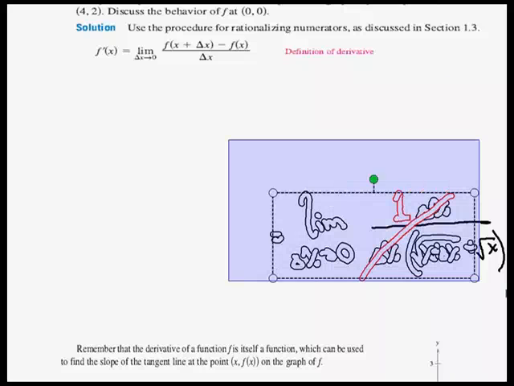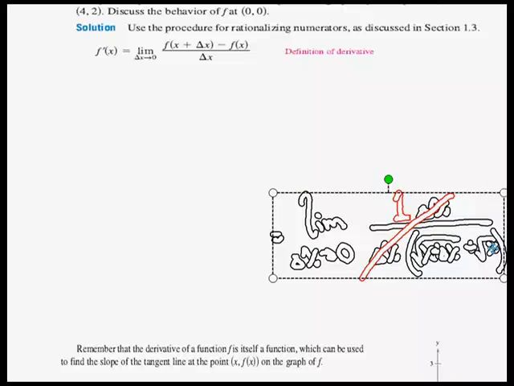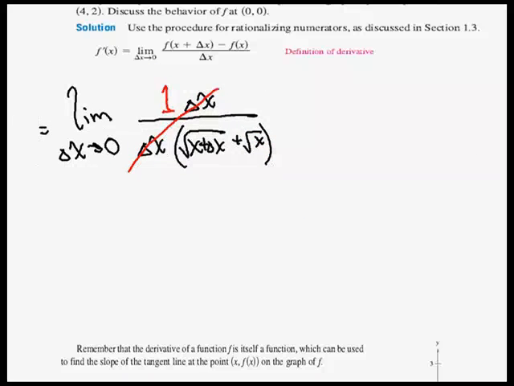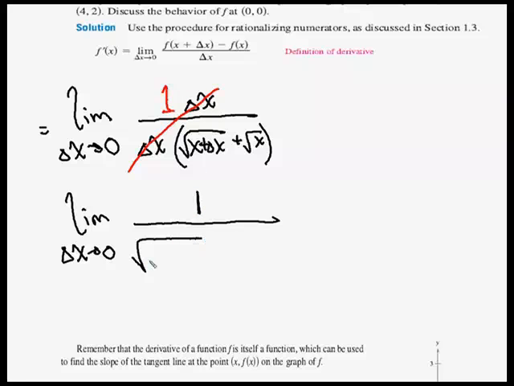So remember that conjugate in those parentheses, that's in the denominator, and it stays as a denominator. So we're going to have the limit as delta x approaches 0. Just because this delta x canceled doesn't mean there's nothing left in its place. There is a 1 up there. 1 over the square root of x plus delta x plus the square root of x.